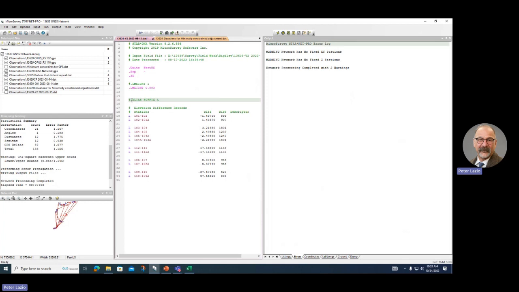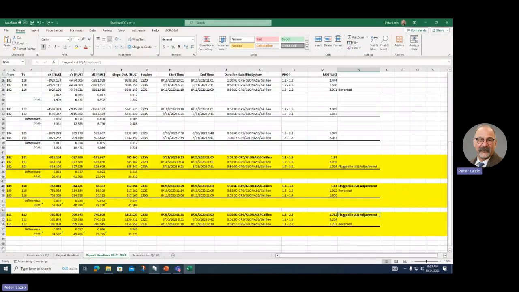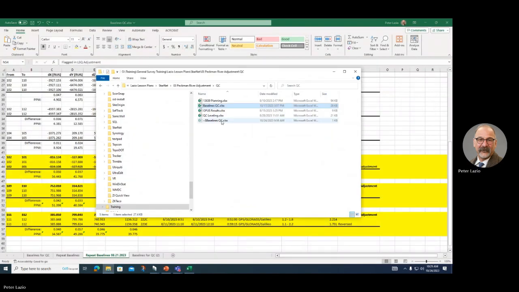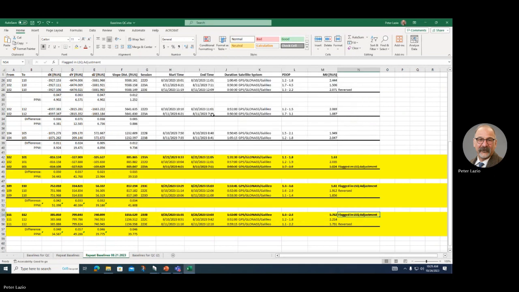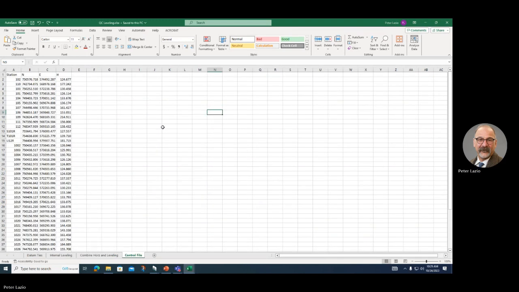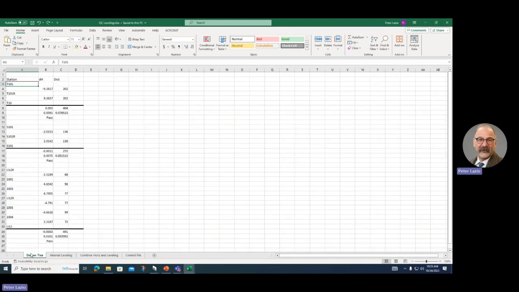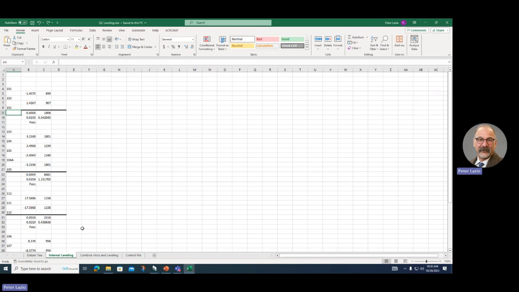Okay, but once again, before you adjust your leveling, you should QC it. QC leveling. So our internal leveling, I use that same process. 101 to 102, back to 101, we had 8 thousandths.